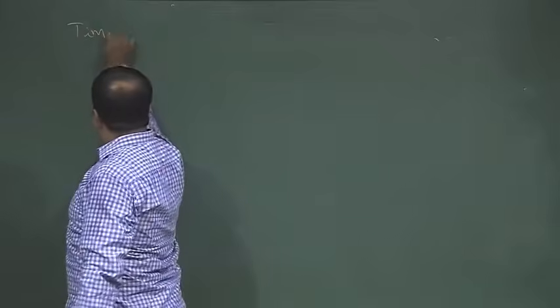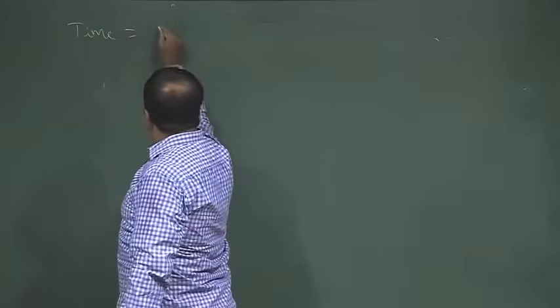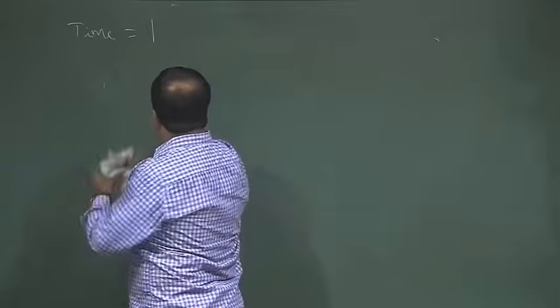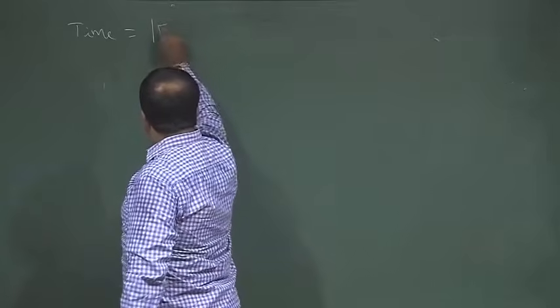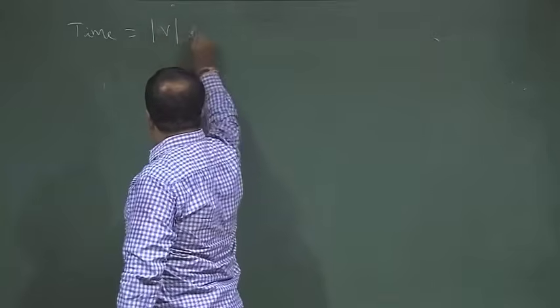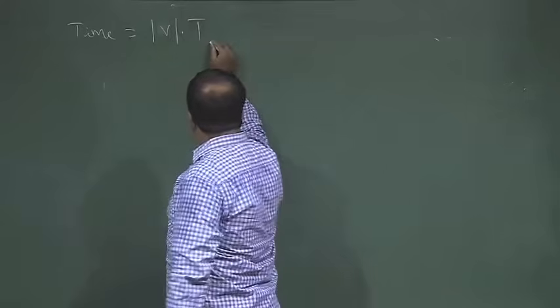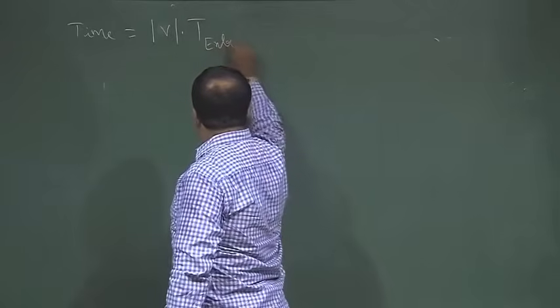So, the time for Prim's algorithm is order of V times the time to extract the min.